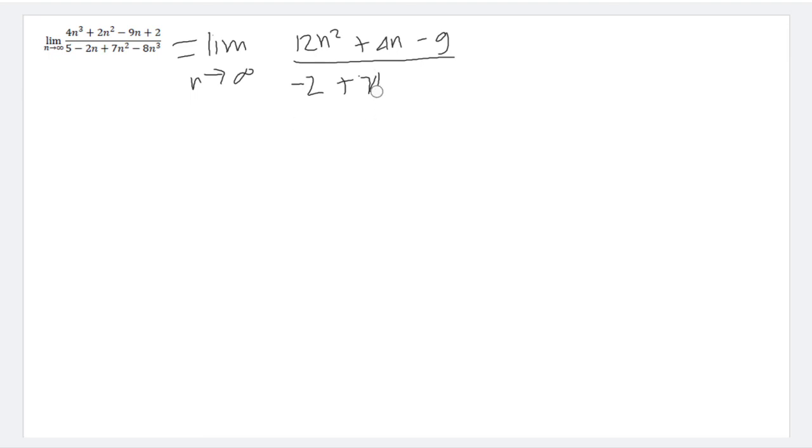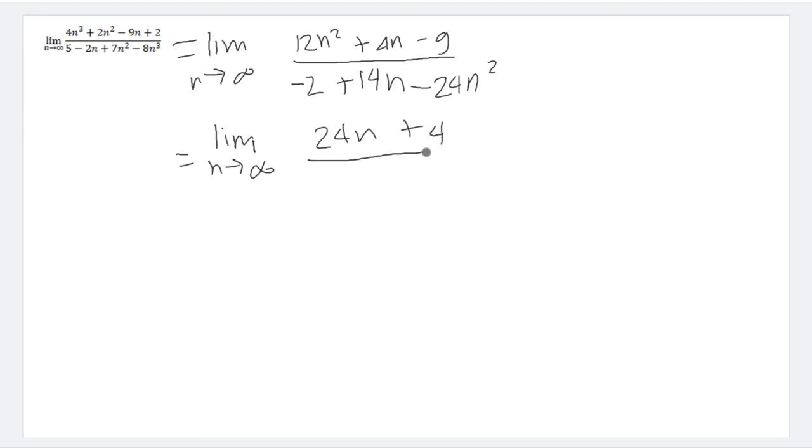Sorry, erase that. Plus 14n minus 24n². So we still have variables in the denominator and numerator, so we apply L'Hopital's rule again. So 12n² will become 24n + 4 over 14 - 48n.